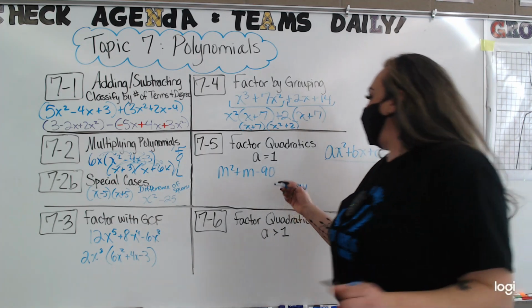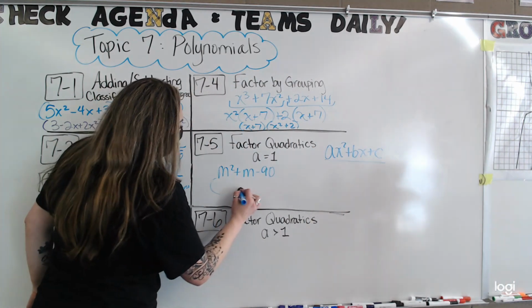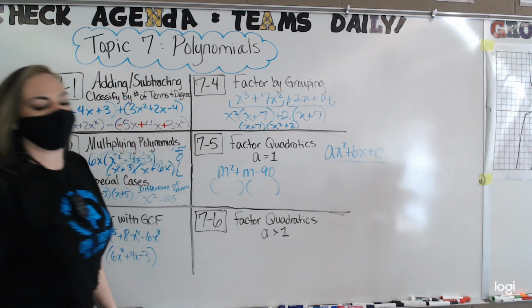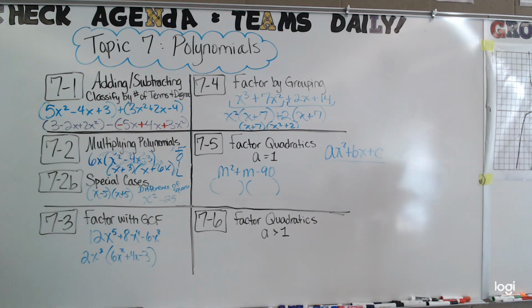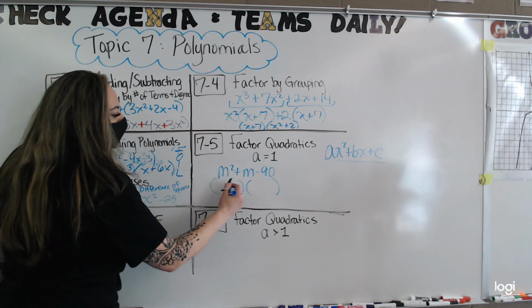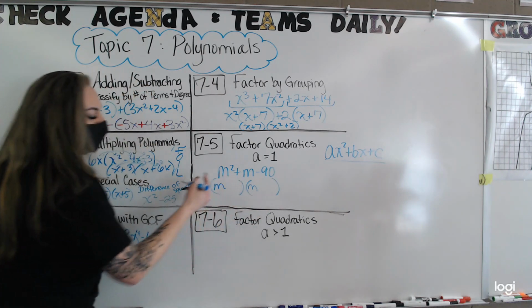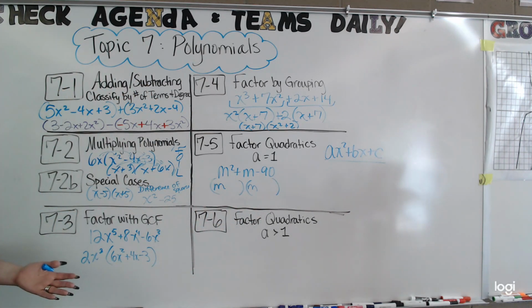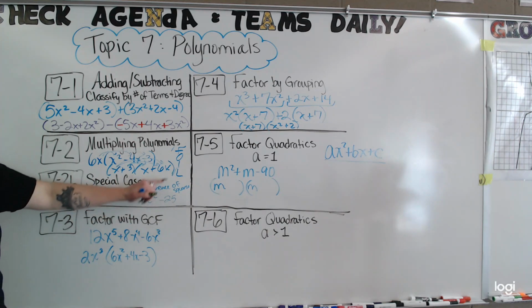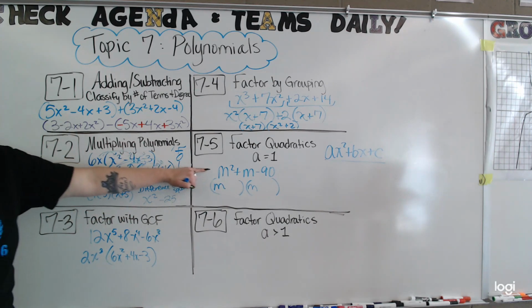Okay? So what we do is we set up our two sets of brackets, because we're going to do two binomials. We know that we need m times m to give us m squared, right? Remember in FOIL, that's our front number.